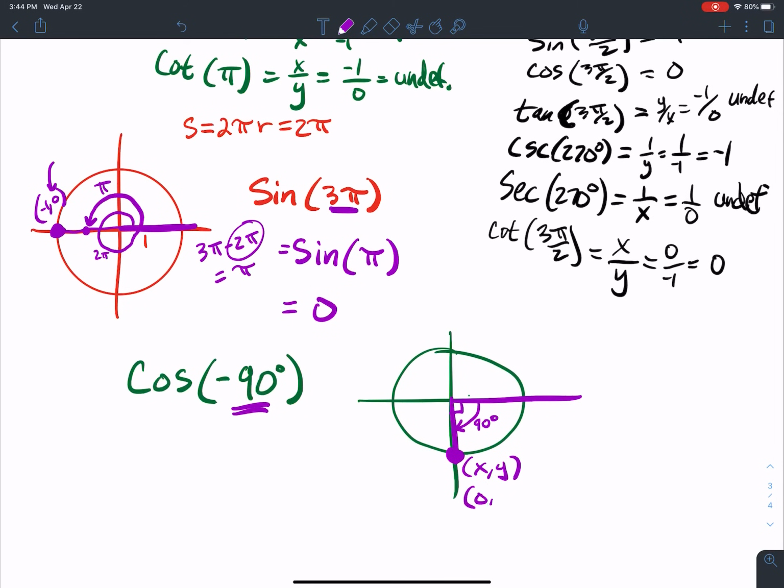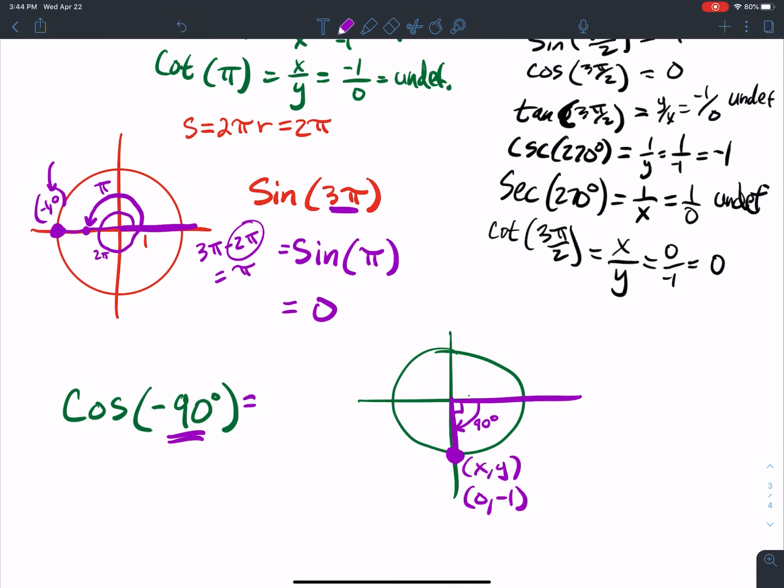Well, it's 0, -1. So the cosine of negative 90 degrees is going to be what? It's the x value, which is 0 here. So just remember, if it's a negative, you're going clockwise rotation. And if it's a positive, then you go counterclockwise.